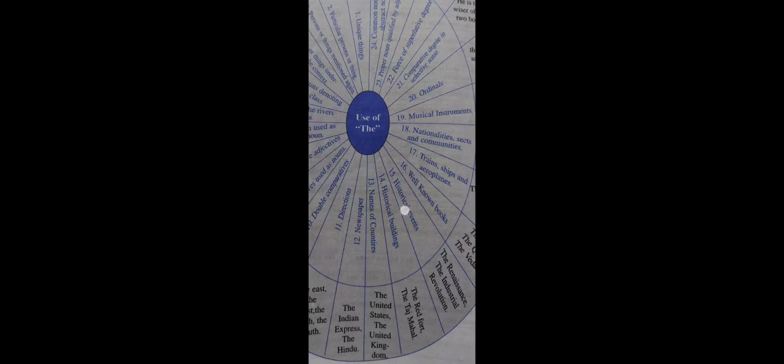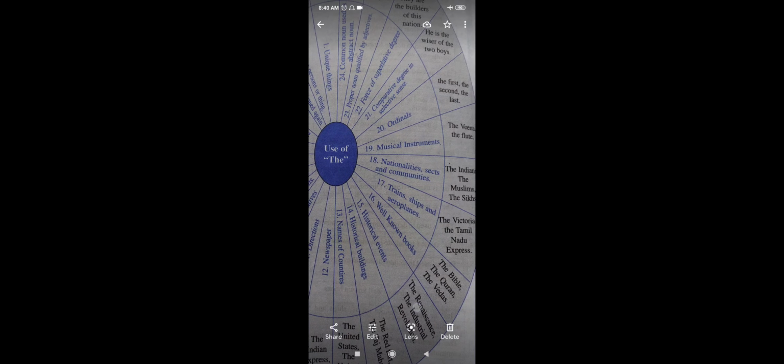It is also used for historical events. For example, the Renaissance, the Industrial Revolution. Also it is used for well-known books. For example, the Bible, the Quran, the Vedas, or we can say the holy books. It is also used for trains, ships, airplanes. For example, the Victorian, or the Tamil Nadu Express, or the Indian Express, or the Jhelum.